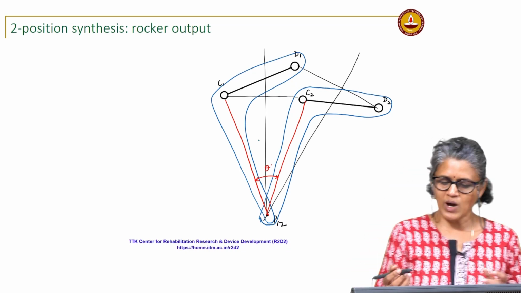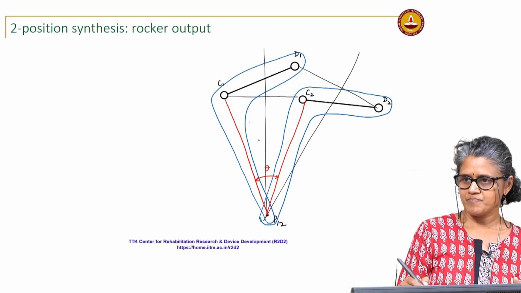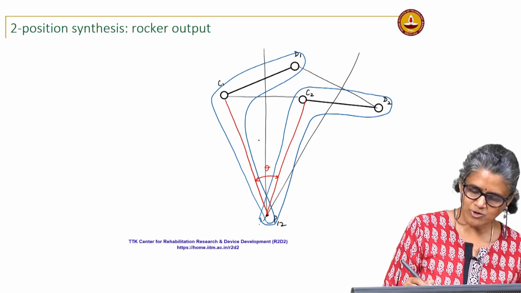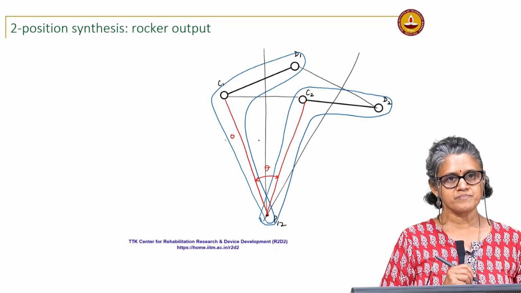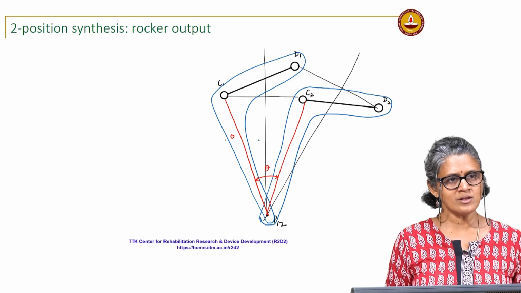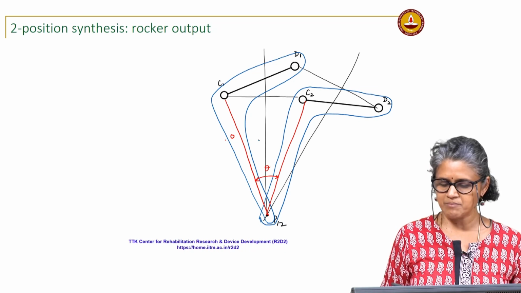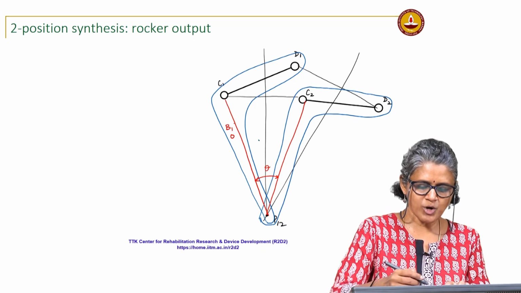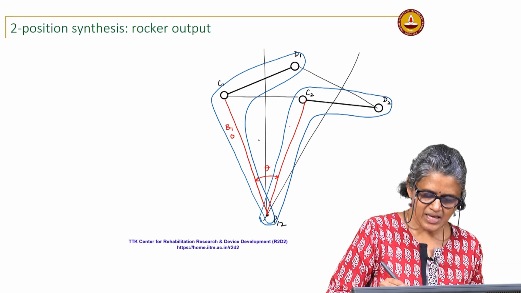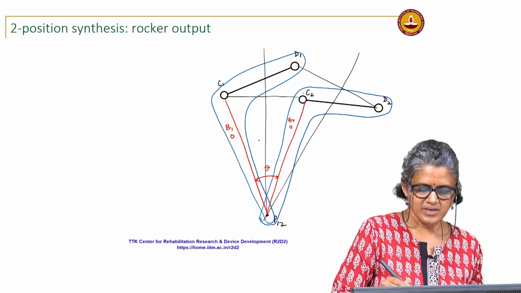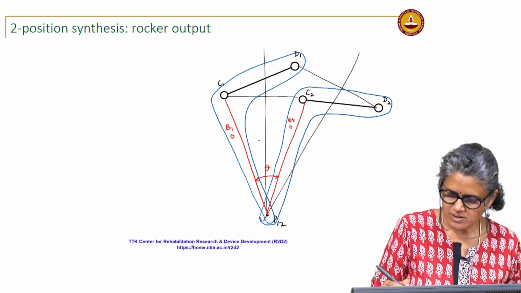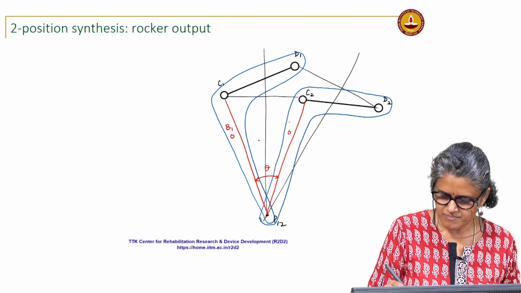So, I can pick my B anywhere on this rigid body. I could pick it here, for example. It does not necessarily have to be on the line P1 to C1. So, I can pick B1 here. Now, because this is a rigid body, I have to maintain the same relationship here. I have to locate it the same way, somewhere here.